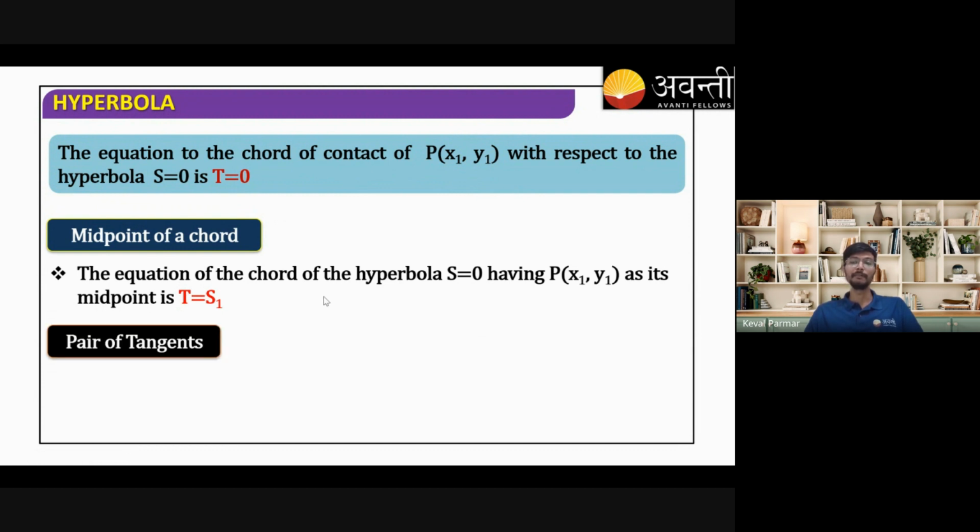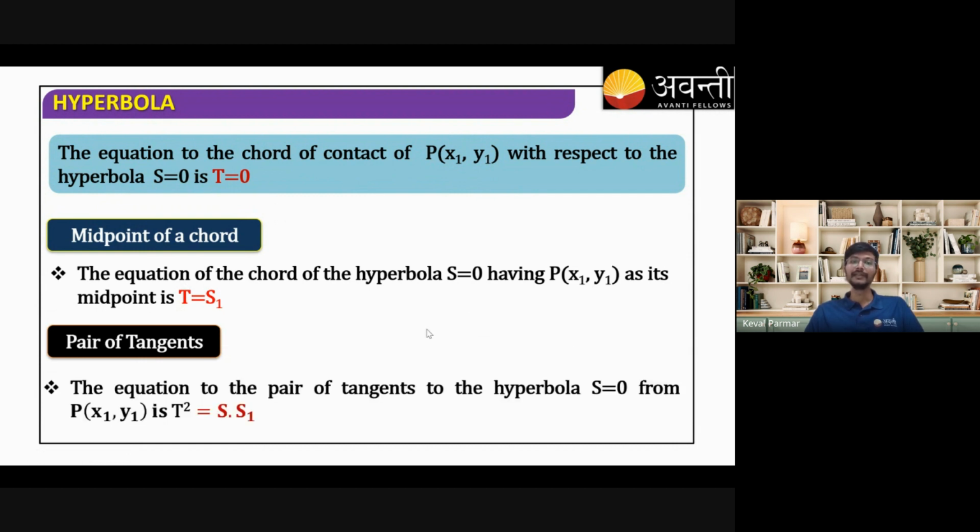Next, we have the pair of tangents. What is it, guys? It is S S1 equals T square, when the tangents are drawn from the point P(x1, y1). I hope it is clear.